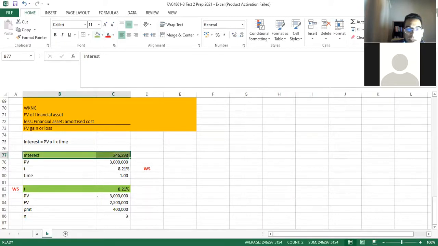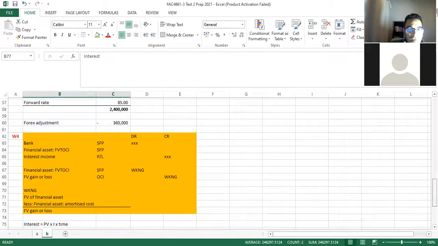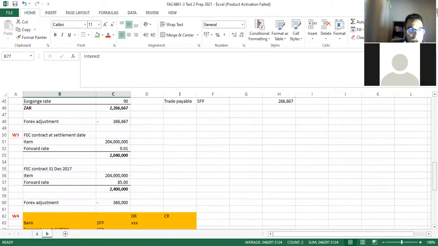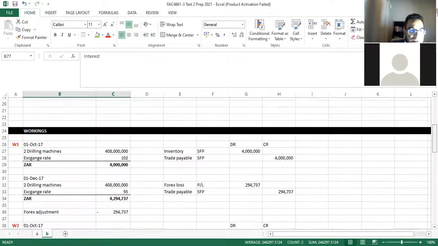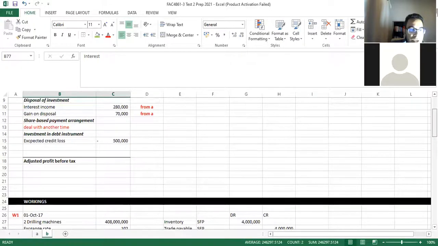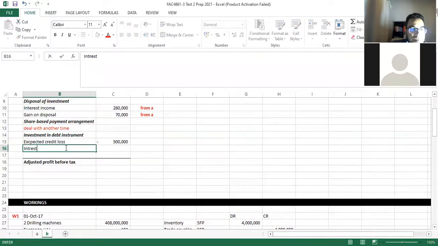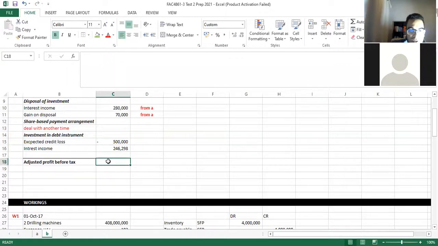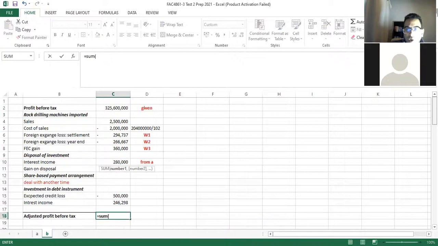Interest income increases profit or loss, so we will add it. Here we're going to go interest income, and it's going to equal C77, I think. Yep. So that is our profit or loss for the year.